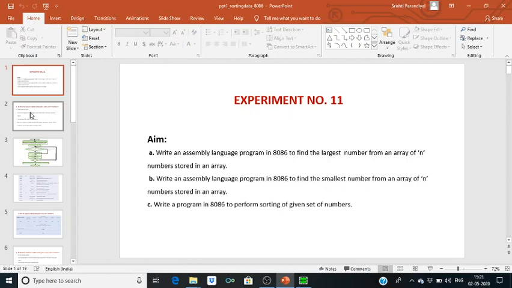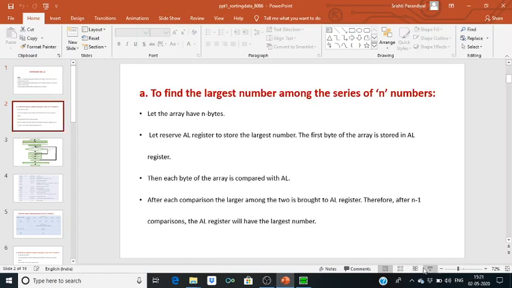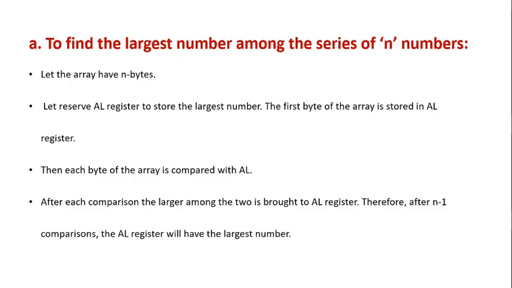Now coming to finding the largest number among the series of n numbers. To find the largest number, first of all, we will reserve the AL register to store the largest number. Let us assume that our array has n bytes.